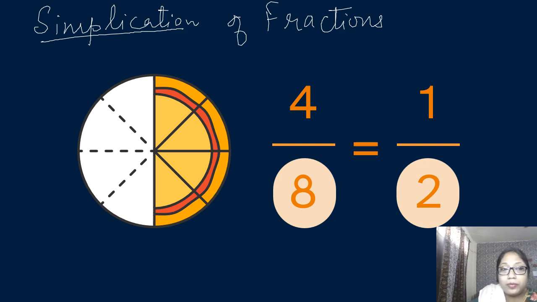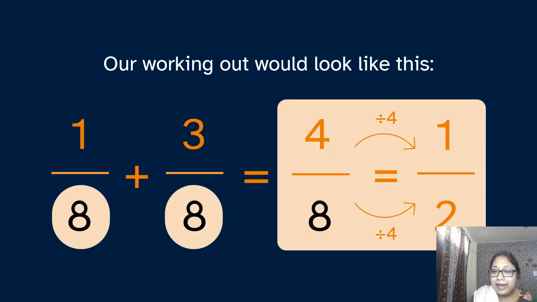Let's see how. We added two fractions 1 upon 8 and 3 upon 8 and our sum was 4 upon 8. Now 4 upon 8 को हम और ज़्यादा reduce कर सकते हैं, simplify कर सकते हैं.